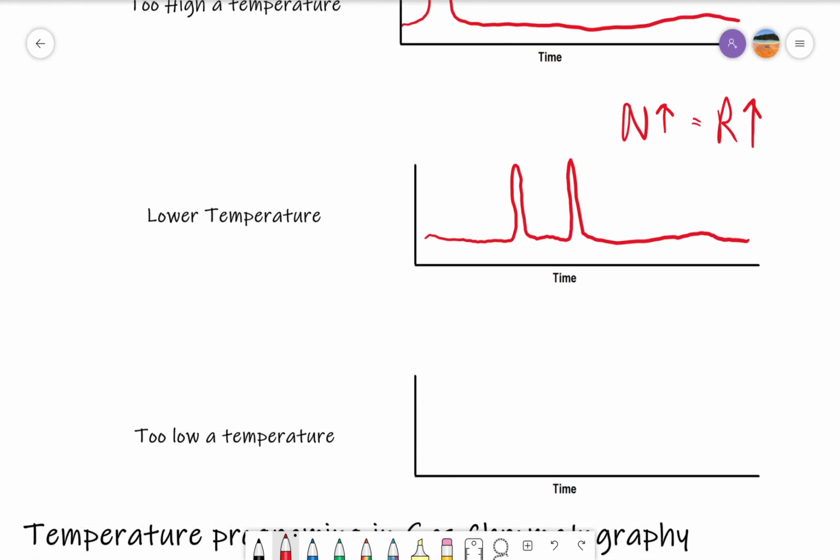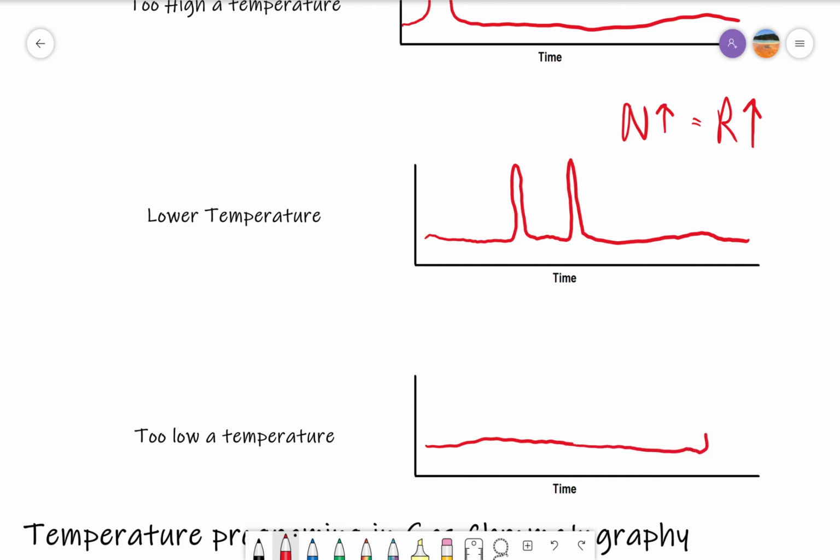But now we run into the last problem, which is what happens if we just try to increase N a lot by leaving it on the column for a very long time? Unfortunately, what happens then is you end up with a non-statistical peak shape.